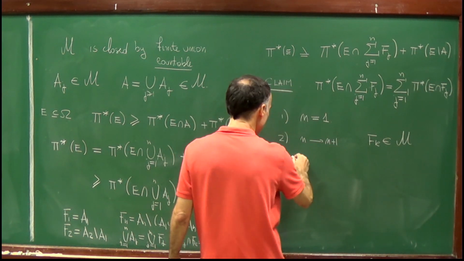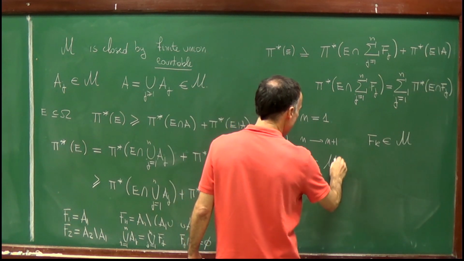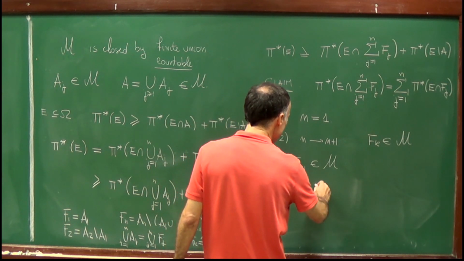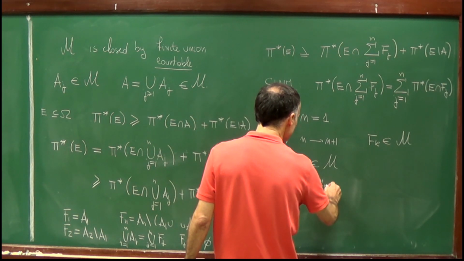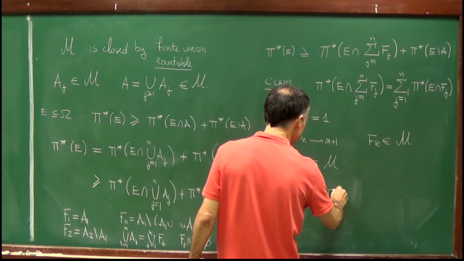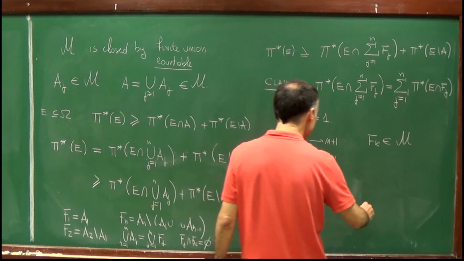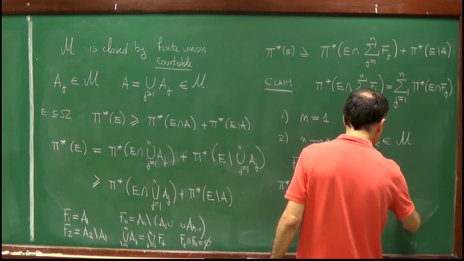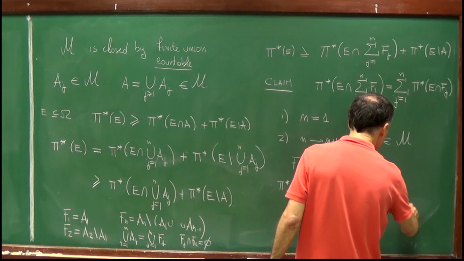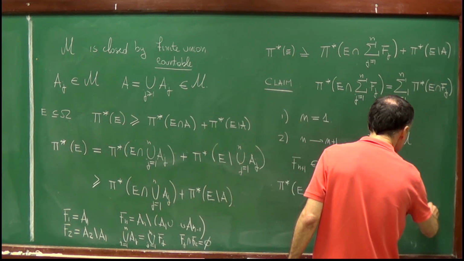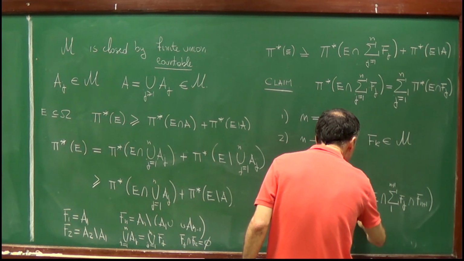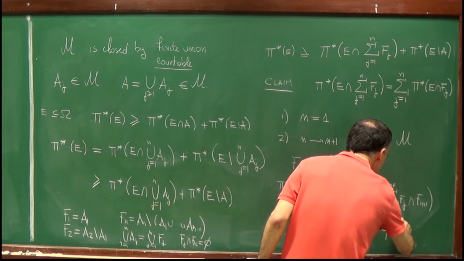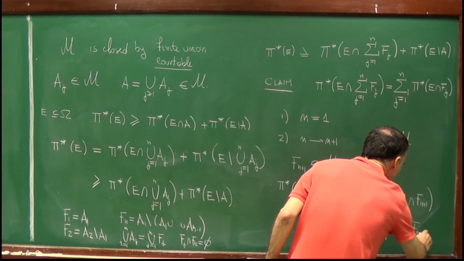So, as Fn plus 1 belongs to M, we have the following identity, that P star of E intersection the union from 1 to n plus 1 of Fj is equal to P star of this set intersection Fn plus 1 plus P star of this set, E intersection the sum from 1 to n plus 1 of Fj, intersection Fn plus 1 complement.